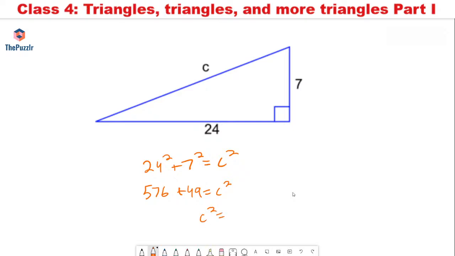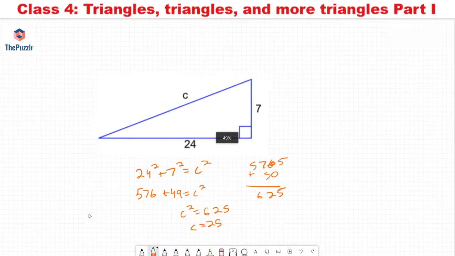C squared is then equal to 576 plus 49, which is plus 50, minus 1, so let's make this 5. And this gives us 625. So then C is equal to 25. That was what I thought that way. So both ways work. Obviously, the first way was much, much faster.